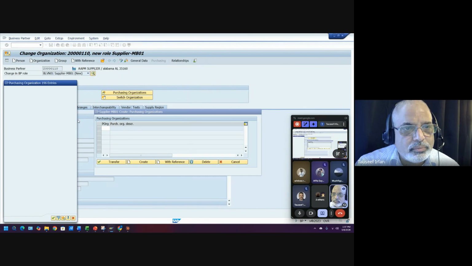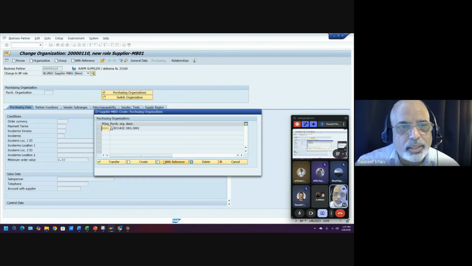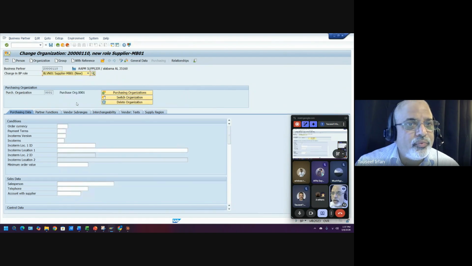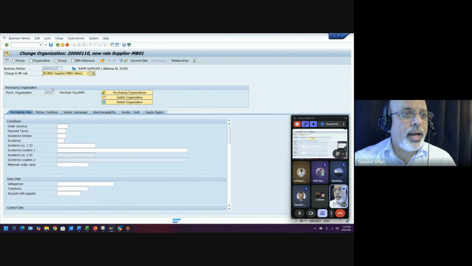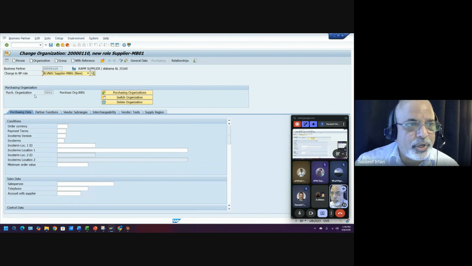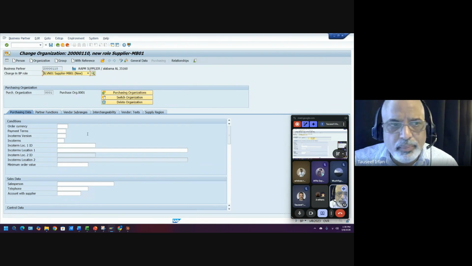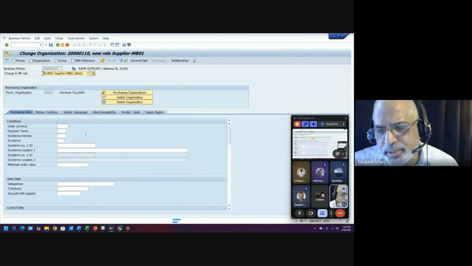So if I do that, we are creating it. I just added one purchasing organization to this supplier. It was not there. I added that, so I can now see all the purchasing related master data. You saw some of that in the material master purchasing view.